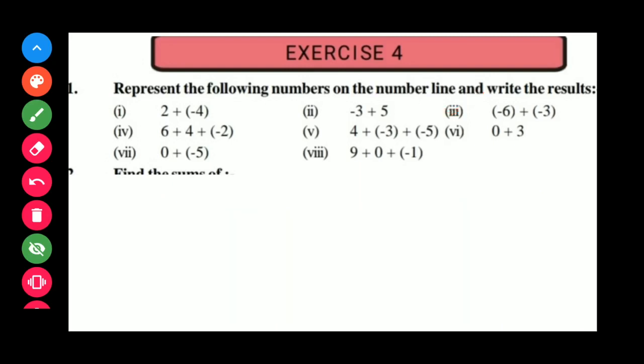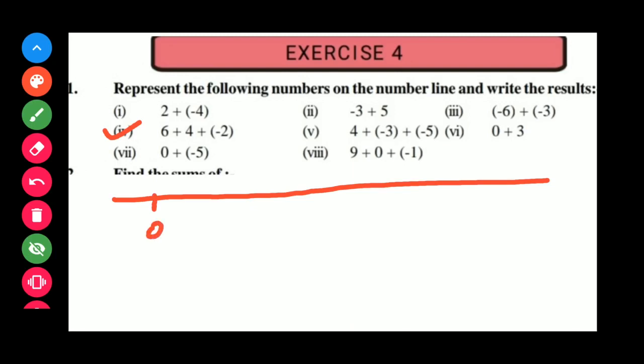Now come to the fourth part. This is your fourth part. So first of all you can draw a line. So you can put the number. It is starting from 0, 1, 2, 3, 4, 5, 6, 7, 8, 9 and 10.